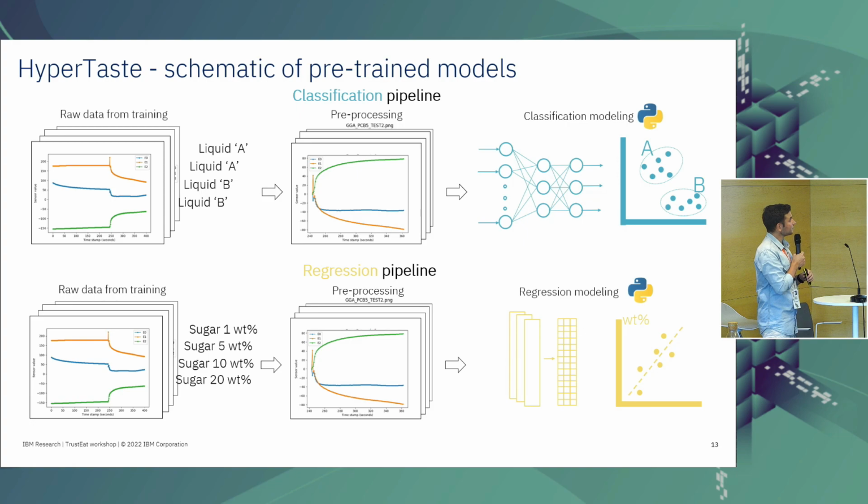So we have two different types of analysis that we can perform. For example, on the liquids with hypertaste, you have the identification of the liquid, so the distinction of a liquid in different classes. So is this liquid A or B? And this is done through classification models.